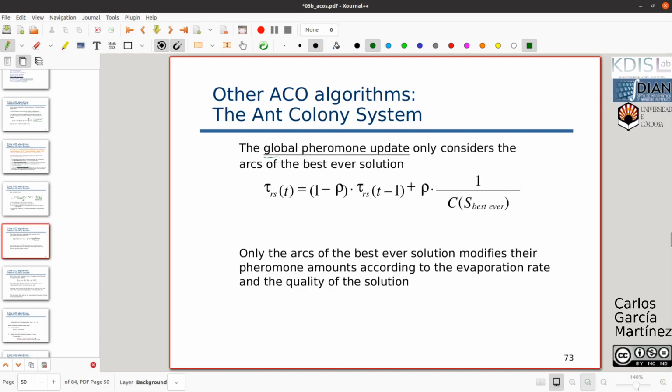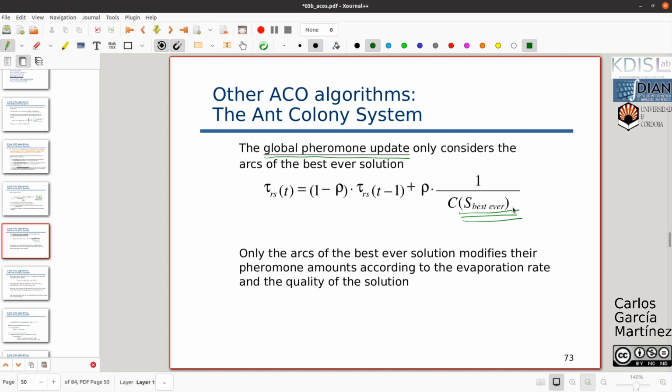The second element is the global pheromone update. The idea is that in this algorithm, not all the new solutions are allowed to provide contributions to the arcs, but instead just the best ever solution. Only the best ever solution.